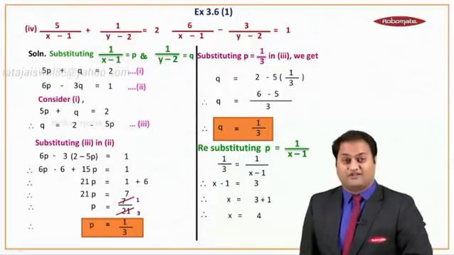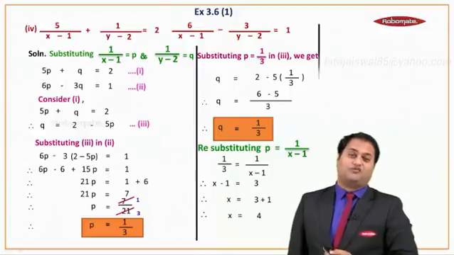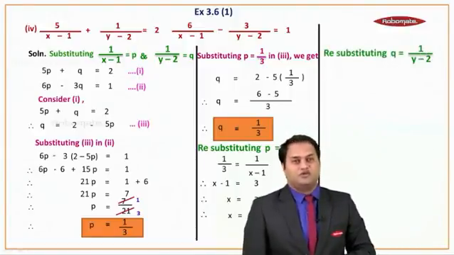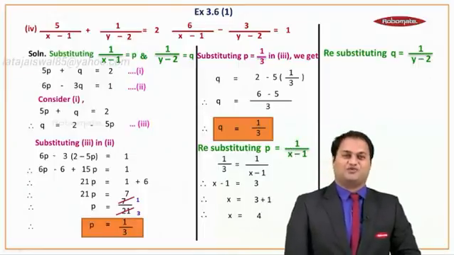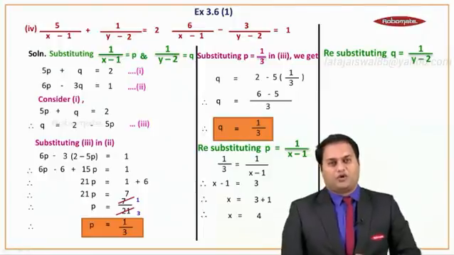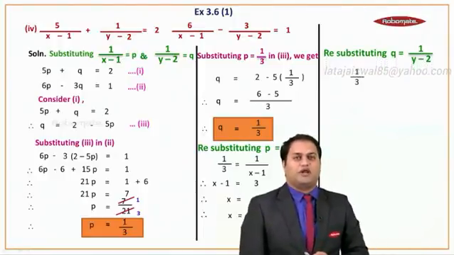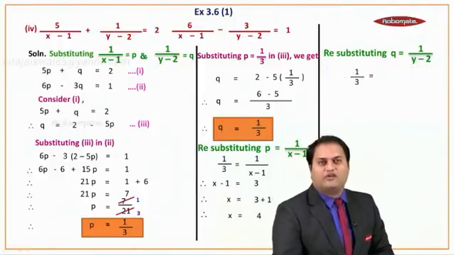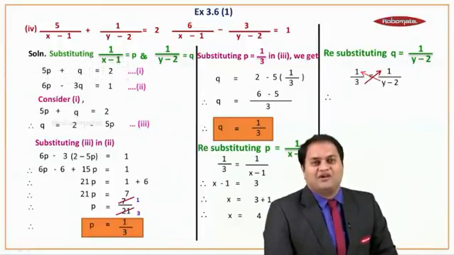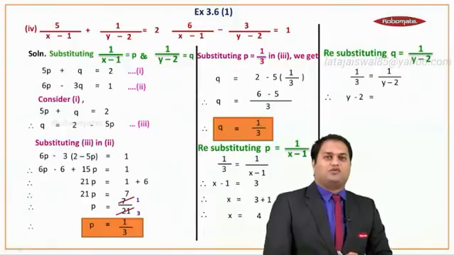You got the value of x. Is the sum over? No. We should find the value of y now. To find y, now we should resubstitute. q is equal to 1 upon y minus 2. What's the value of q we got? We got q is equal to 1 upon 3. So let's resubstitute. What do we get? 1 upon 3 is equal to 1 upon y minus 2. Now cross multiply. We get y minus 2 is equal to 3.